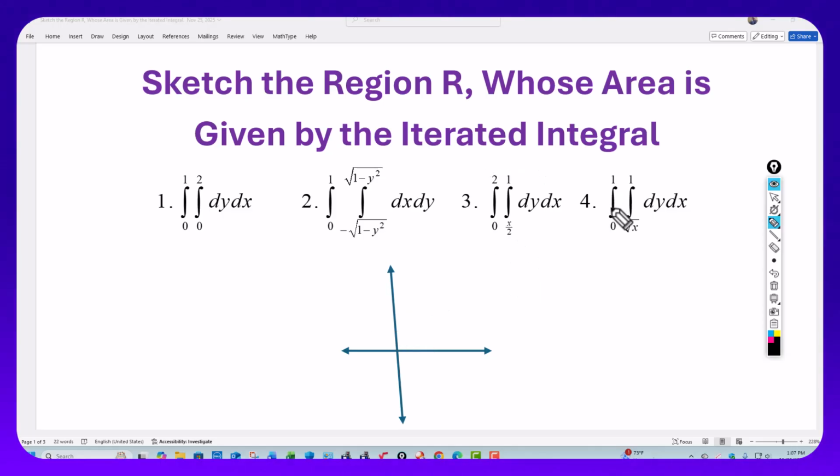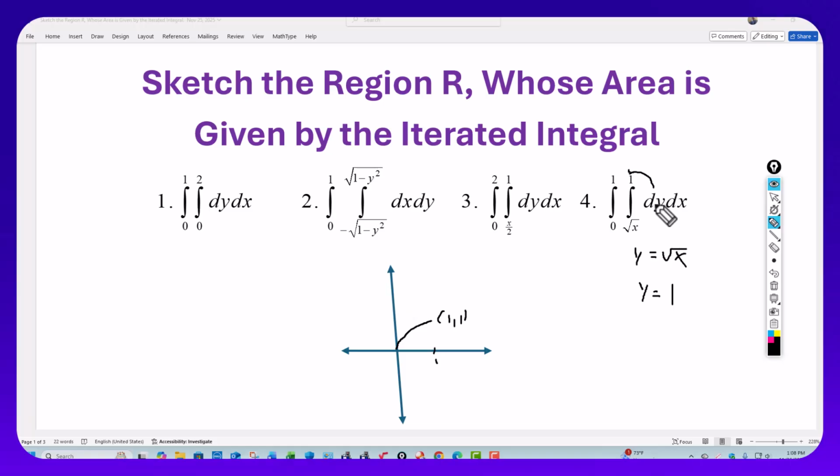Now for the fourth one here, the y has these limits and the x has 0 to 1. So y goes from the square root of x to y equal to 1. Based on what they give us here, we'll be looking at the graph in the first quadrant. The graph of y equal to the square root of x is a parabola that opens to the right, but it's only the top half of it because of what's given. If I go 1 over, this would be the point (1, 1).